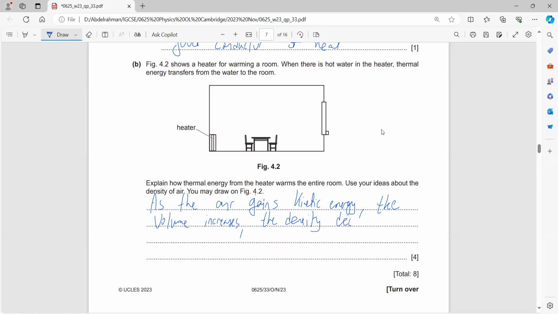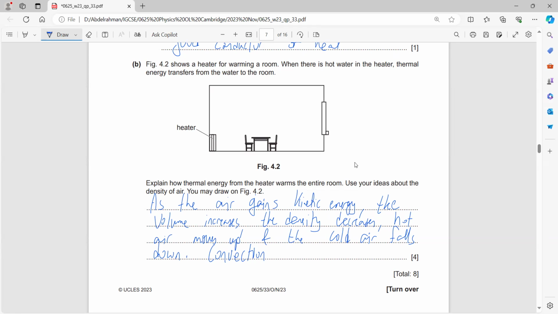When the density decreases, the hot air moves up and the cold air falls down. This whole process is called convection, or due to the convection current.